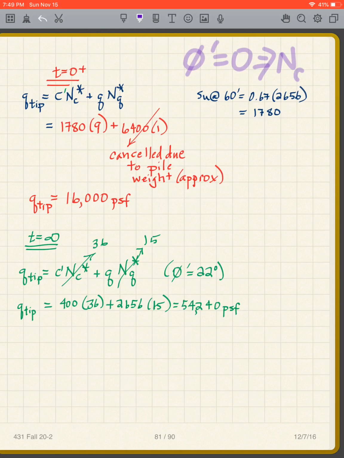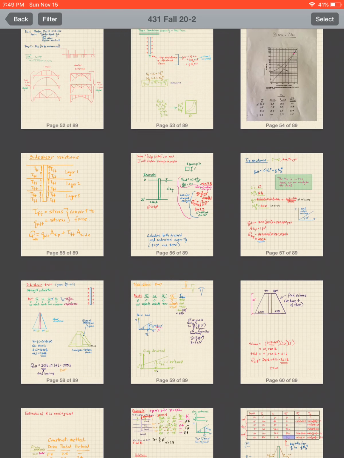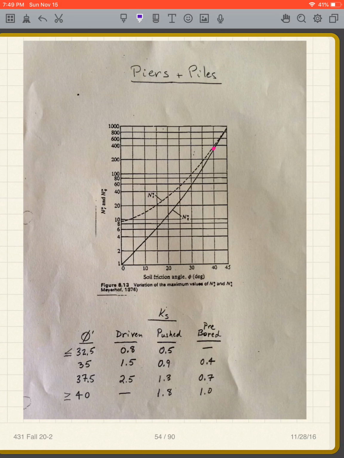That means that NC star equals 9. So how did we get that? That goes back to our plots, our chart here. We're at phi equals 0 because it's total undrained fast, which means we have a phi equals 0 situation.